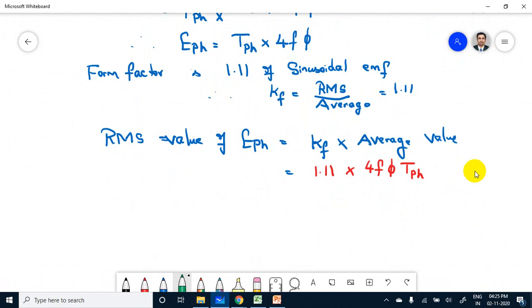Therefore, E phase is equal to 1.11 into 4, which is 4.44 F φ T phase. The unit for this EMF equation is volts.